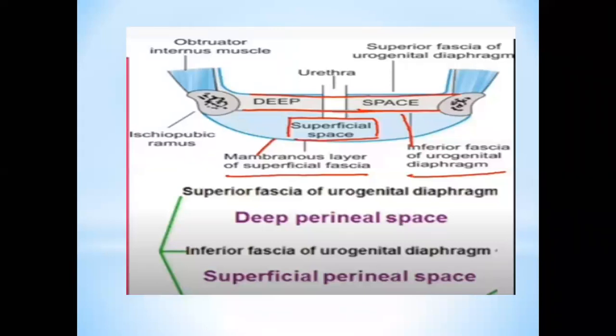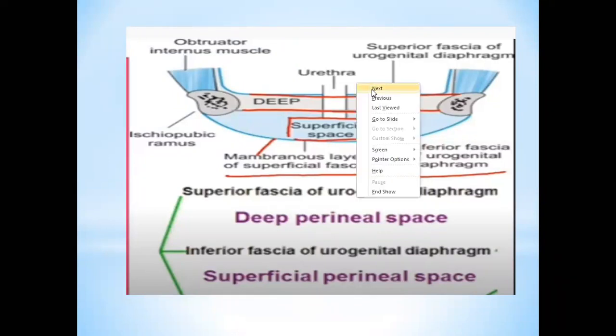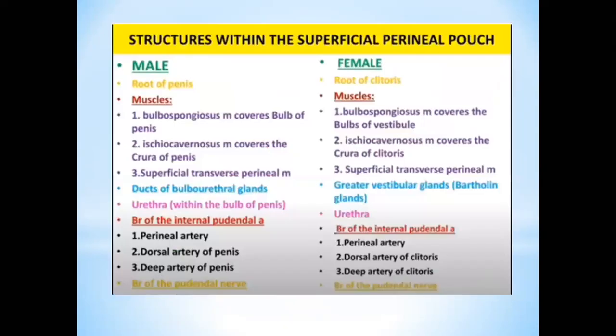The arteries in males are those supplying the penis, the dorsal artery of the penis and the deep artery of the penis, which are branches of the internal pudendal artery. The nerve supply of this area comes from the pudendal nerve.